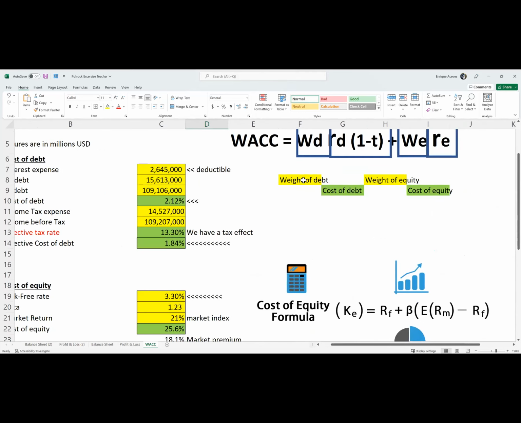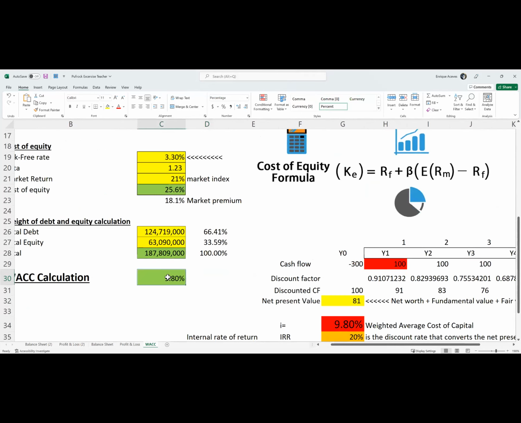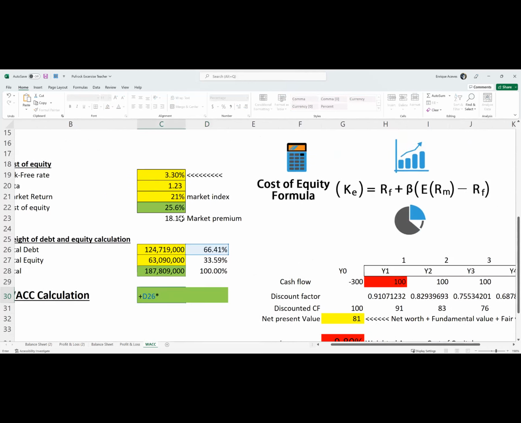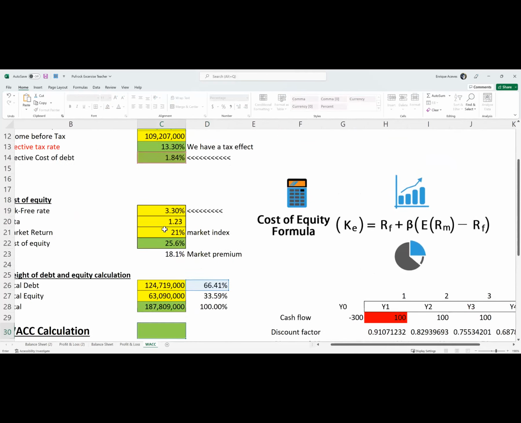So it's very easy. You just have to multiply the weight of the debt, which is 66%, times the cost of the debt. That is why it's called weighted average cost of capital.